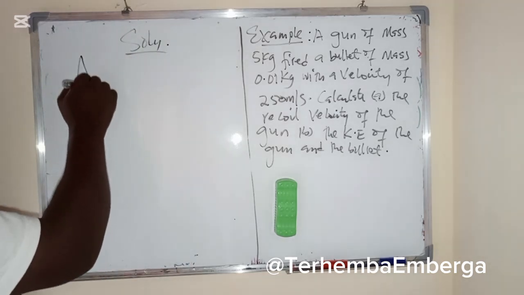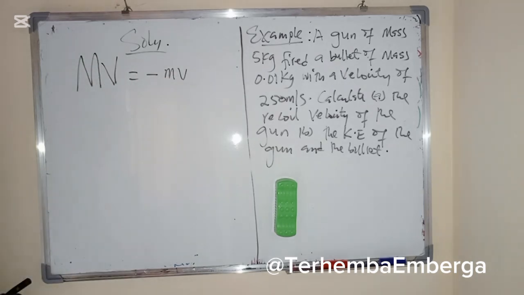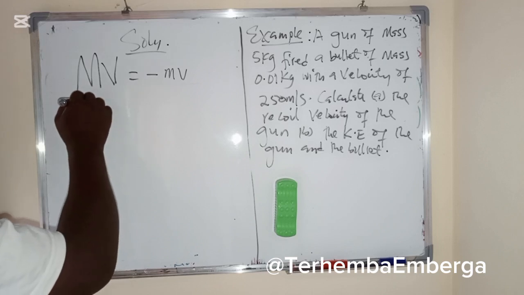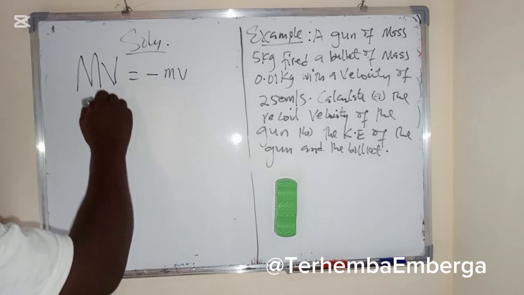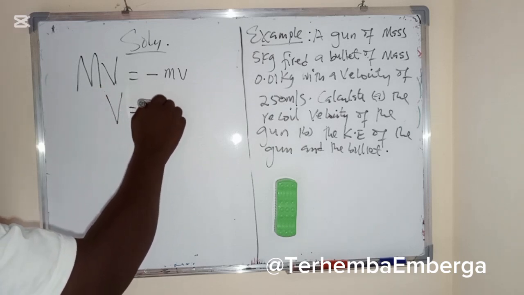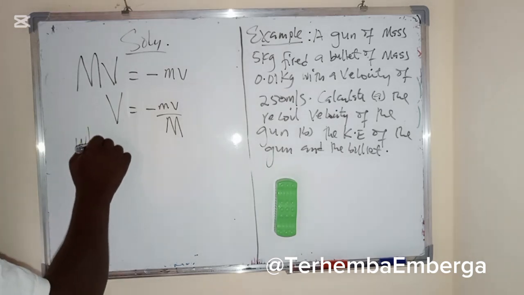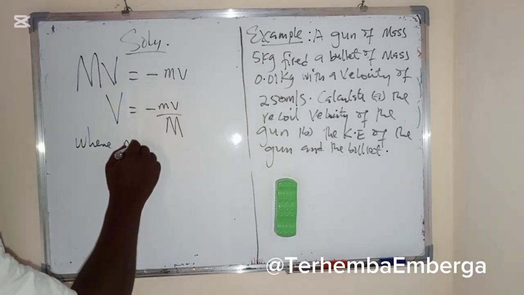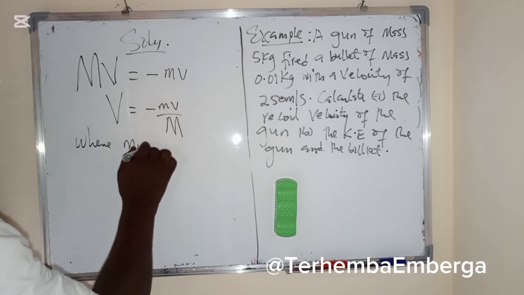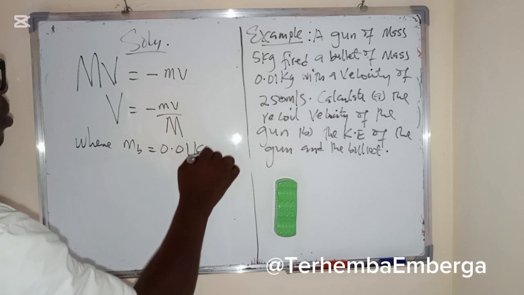We have MV equal to minus mv. So from here, we are to calculate the recoil velocity, which is V equal to minus mv all over capital M. In this case, the mass of the bullets is given as 0.01 kg.